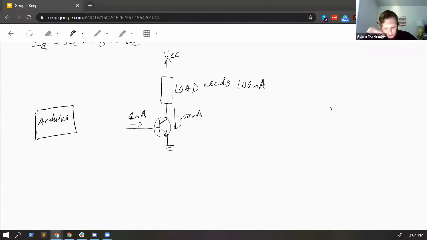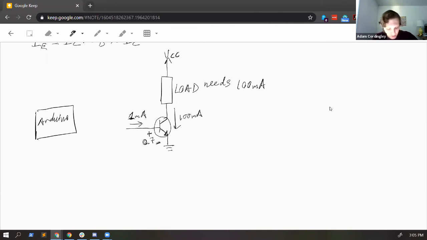I know that my VBE is about 0.7 volts, and I can't just directly drive the base of this BJT because of this diode junction. If I try to just drive it at 5 volts, the current required would be really huge, and something would blow up. Either the Arduino would blow up or the BJT would blow up.